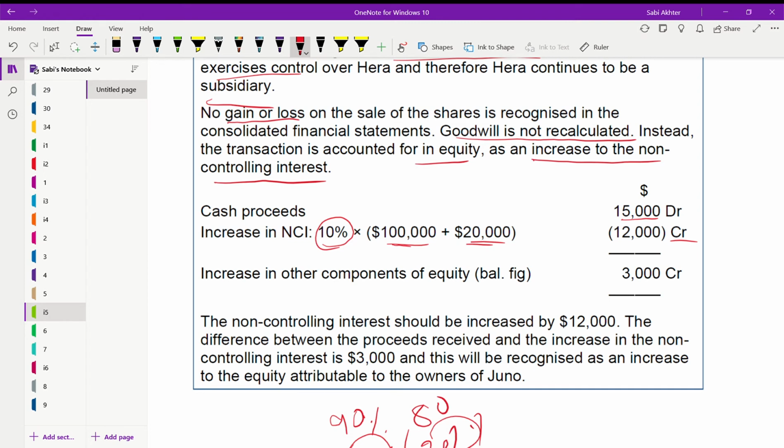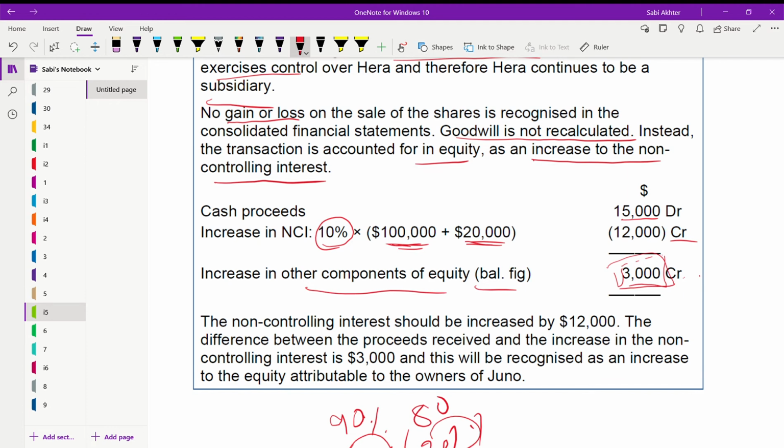So fair value of NCI is not given to you. So when it's not given to you, this is the way to take 10% of this net asset plus the goodwill, okay, for NCI, and you deduct it. And this is a positive figure, so it's a gain. Sorry, it's a credit in the equity. It's a balancing figure, okay? Increase in other components of equity. You don't take it as a gain also.